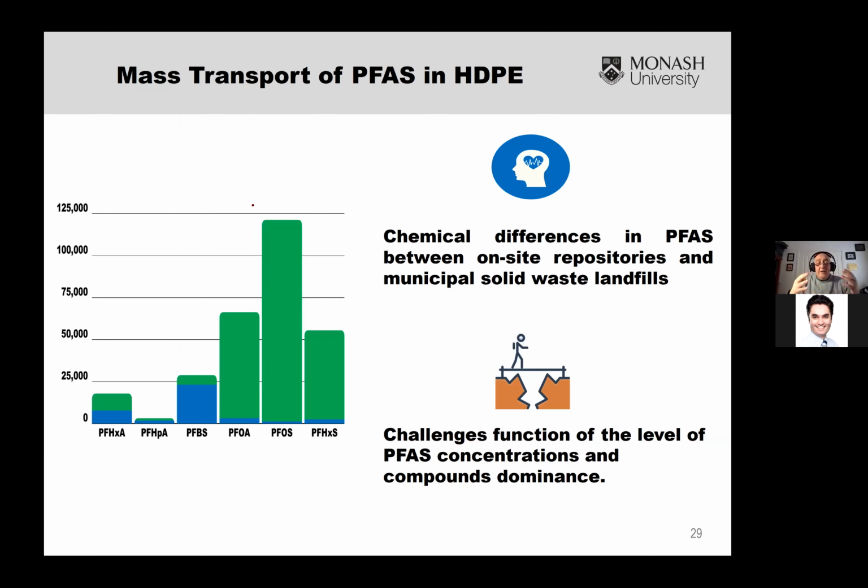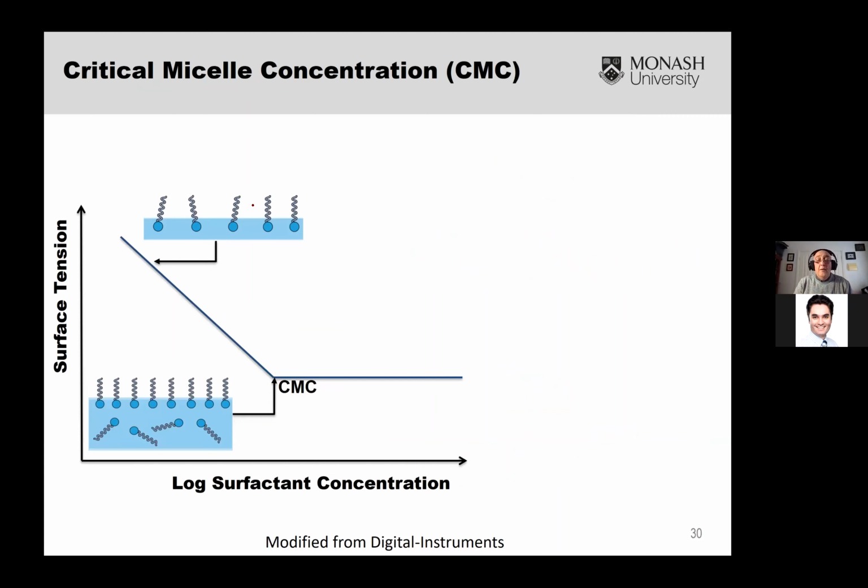Now, with this high concentration, I would like to spend a few minutes discussing one important aspect related to the presence of high concentrations, and this is the formation of what we call the critical micelle concentration, the formation of micelles. The critical micelle concentration, CMC, is defined as the maximum concentration at which surfactants, PFAS for example, remain freely dissolved in water.